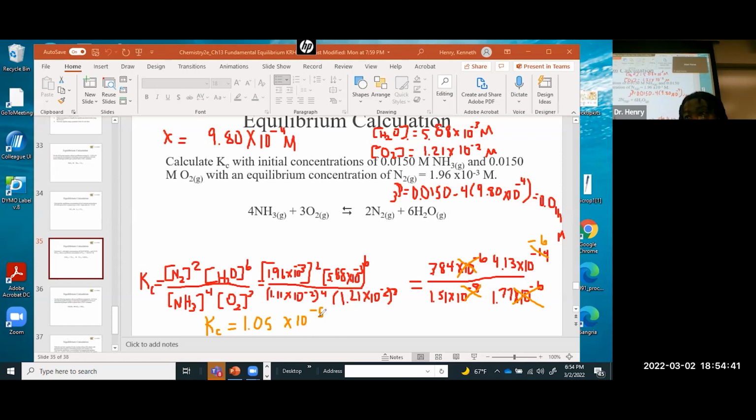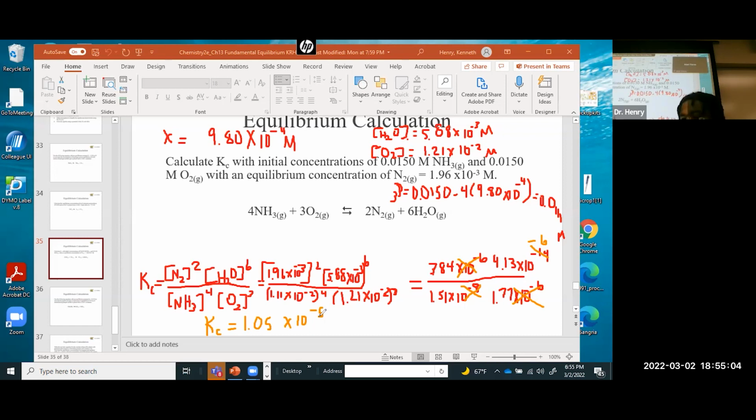What did you get? 1.96 to the negative third power, sorry, negative third power.